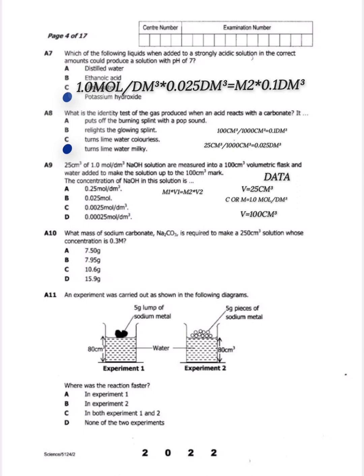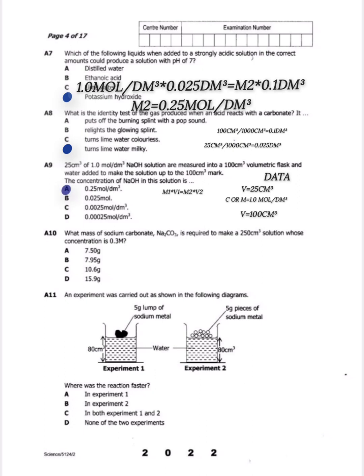The answer is going to be 0.025 decimeter cube divided by 0.1. We are going to get 0.25 mole per decimeter cube. So our answer here is going to be A.